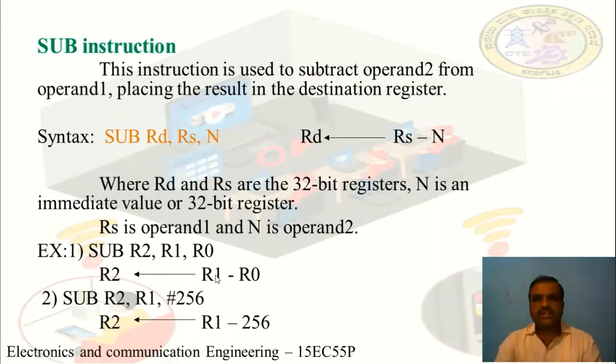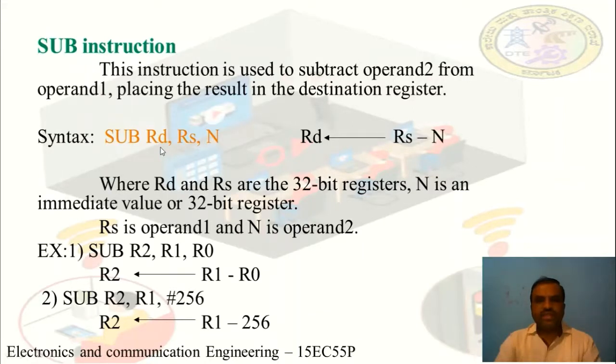Next instruction is the sub instruction. This instruction is used to subtract operand 2 from operand 1, placing the result in the destination register. The general syntax of the sub instruction is: you have to use the mnemonic sub, then destination register, then operand 1, then operand 2.